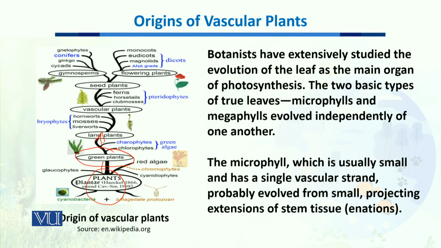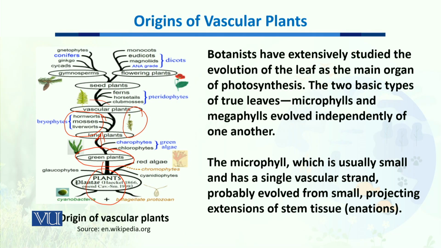After that, we see some diversification or deviation from the main lineage by the mosses, liverworts, and hornworts. They were the plants that had no vascular tissues, so they diverted from the main lineage of plants which colonized the land successfully.